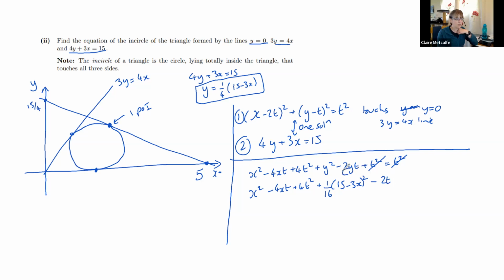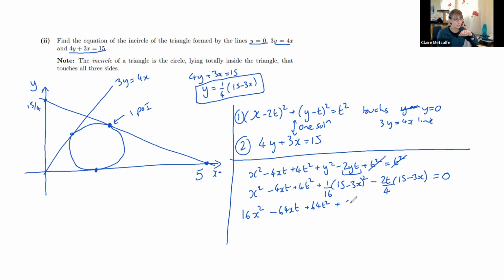So I'm looking at this part now. 2t times y, so 2t over 4 for the quarter, (15 minus 3x) equals 0. So I've substituted for y. Okay, I don't like this 16th, I don't like fractions if I can help it. So I'm going to multiply everything by 16. 4 times 16 is 64. 4 times 16 is still 64.